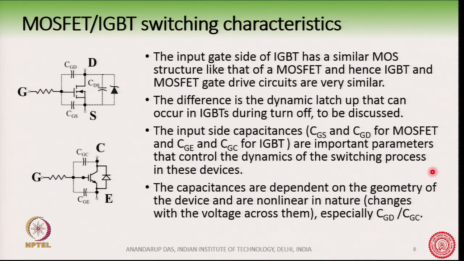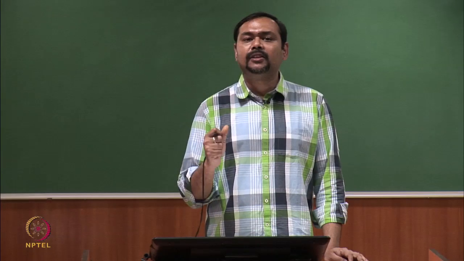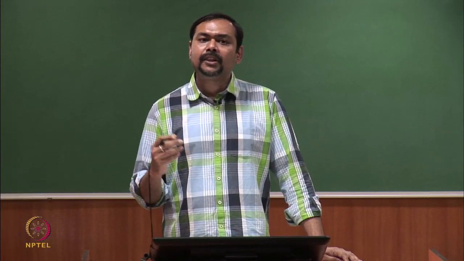Now, unfortunately, these capacitances are not fixed values and they are non-linear in nature, because as the voltage is applied, the capacitors change their values. How it happens, if you go into the physics of the device, you will be able to understand. I would not like to go into that. I would like to restrict myself to the fact that the capacitance value changes with the voltage across them.